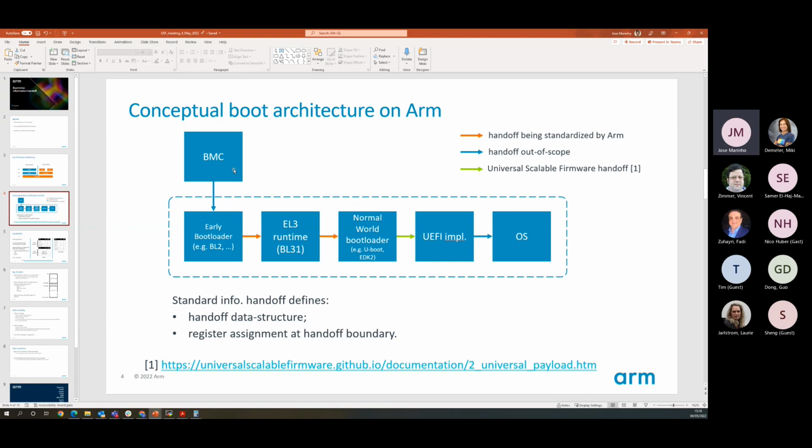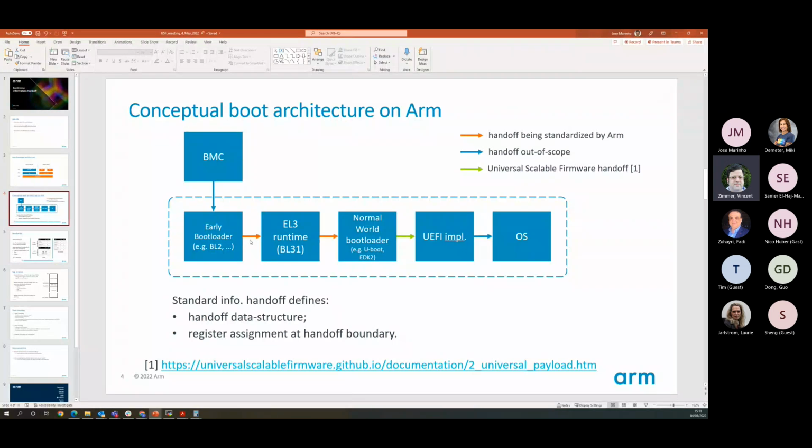The point is you already have some form of information handed off from the board controller over to the host. We haven't really focused on this information handoff so far. We've been focusing on the handoff within the host. Sorry, I'm using the term host. I wonder whether this is the term that everyone recognizes. We can also use the term application processor.